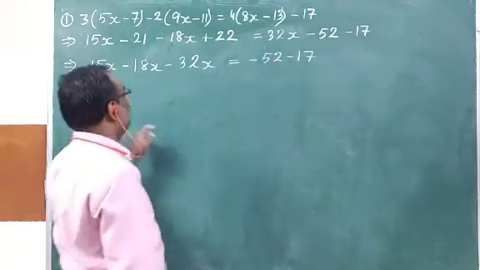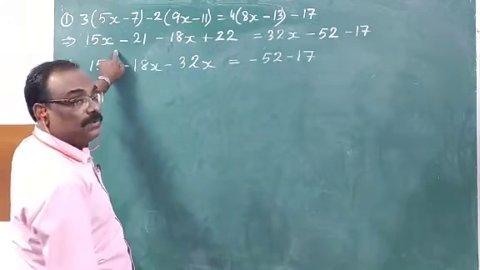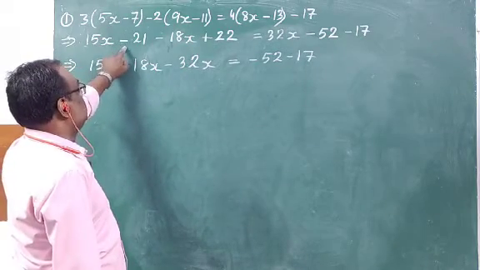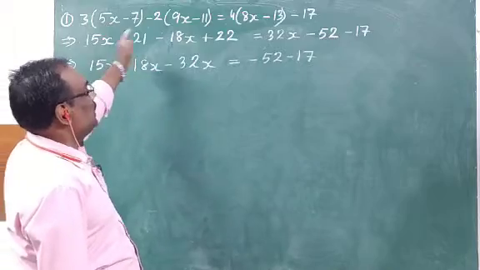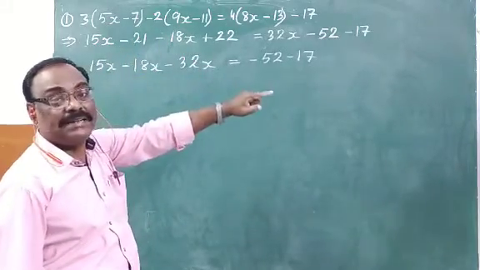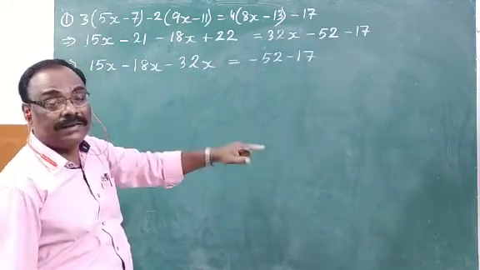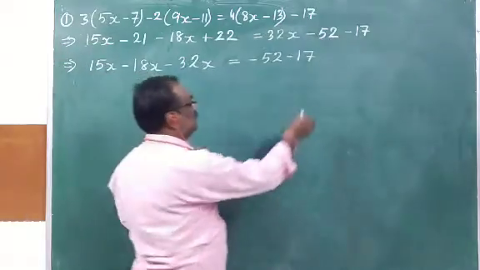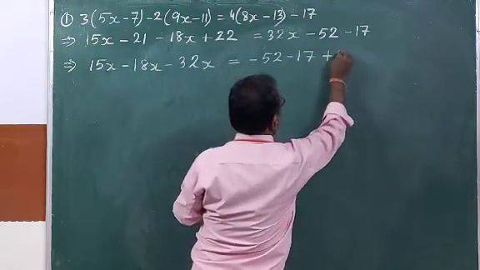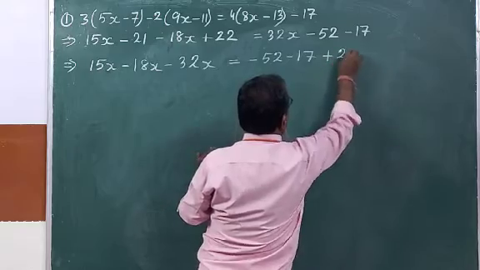Then I will think about what numbers I can bring from the left hand side. So this is minus 21, but now I am taking this minus 21 towards the right hand side, from left to right. The minus sign is there, so it will become a plus sign. So we will write here plus 21.